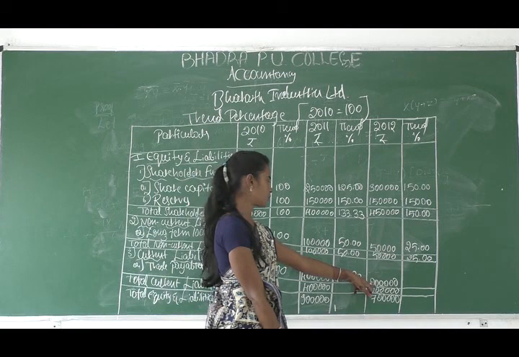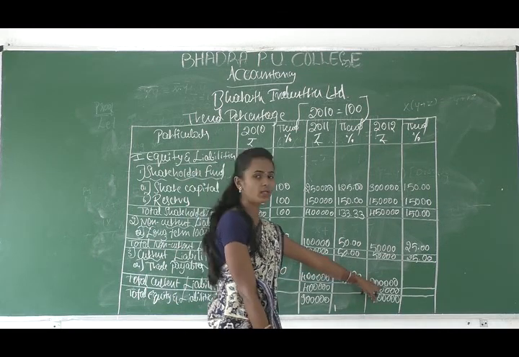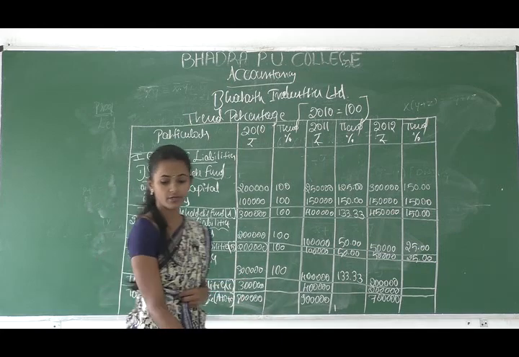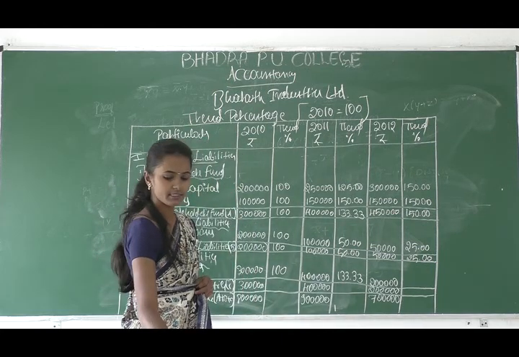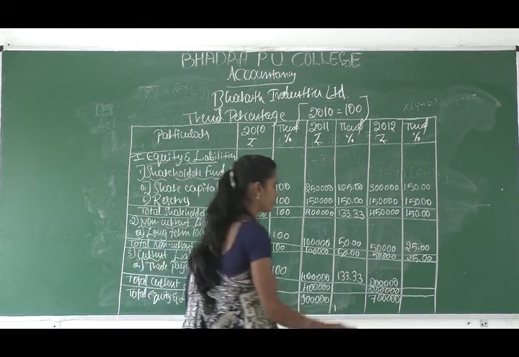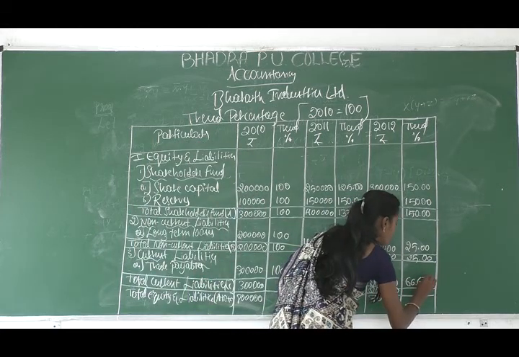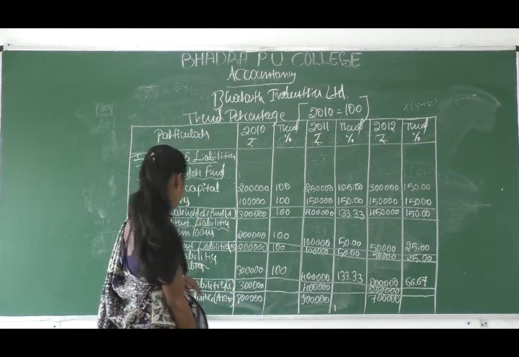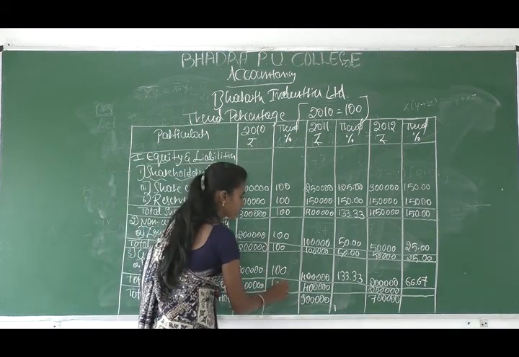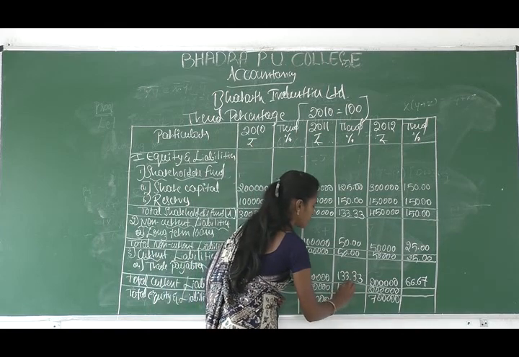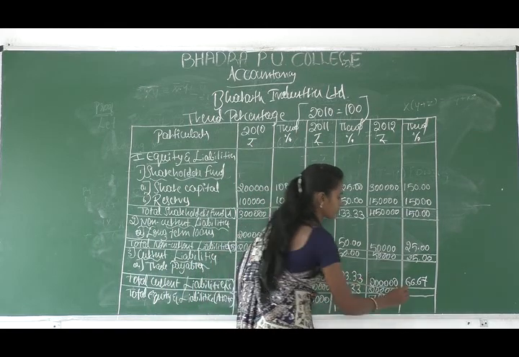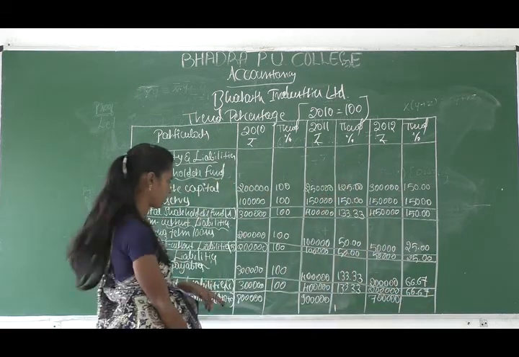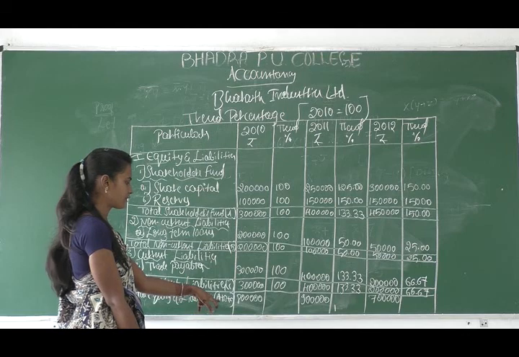And here in 2012 our trade payables amount is 2 lakh divided by our base year value 3 lakh into 100, then you will get 66.67%. And here again we will get the same percentages: 100%, 133.33%, and 66.67%.